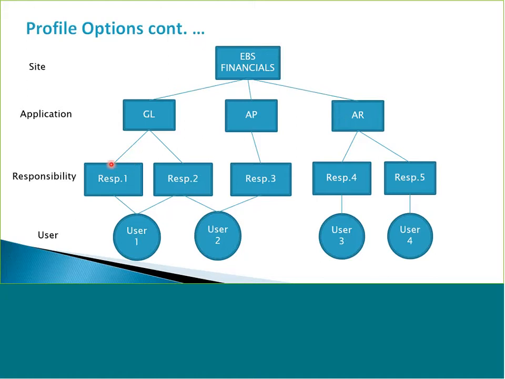And then we have the responsibility level. The responsibilities are assigned to the different modules. And then we have the user level. So these profile options, they can be assigned at all these various levels.